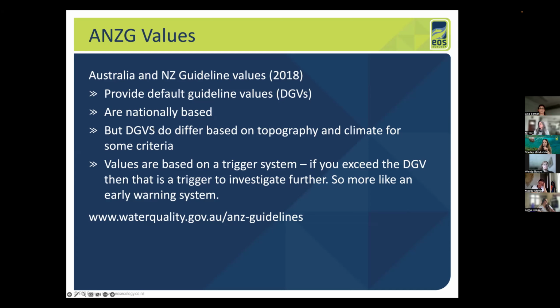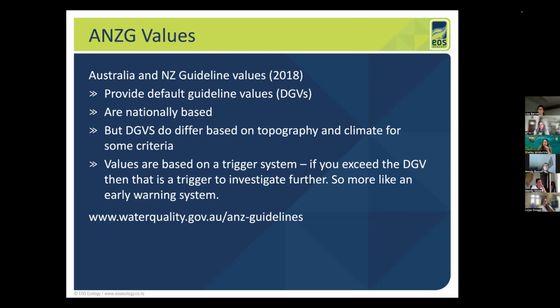The difference between these guideline values and the NOF stuff is that these guideline values are based on a trigger system. If you exceed that guideline value, that is a trigger to investigate further. So this is more like an early warning system.